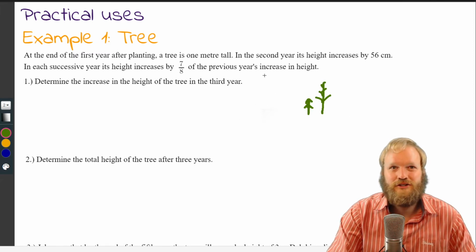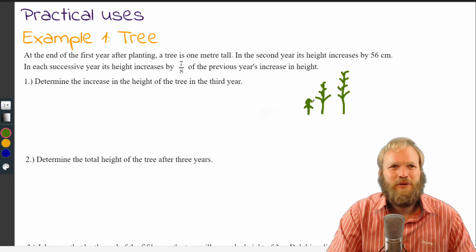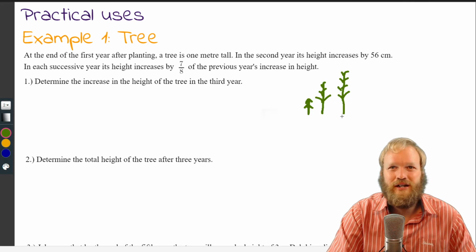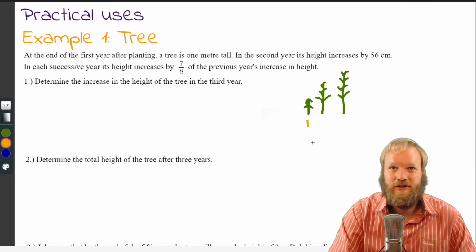Okay, so the first question we have is, in this third year, there's our tree getting nice and big. Determine the increase in height of the tree in the third year. So this is the first year. It grew to 1 meter. Let's go in centimeters.